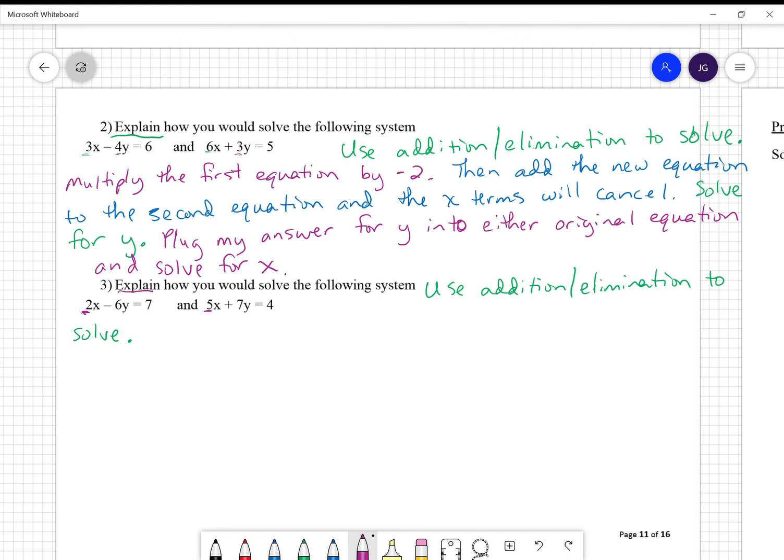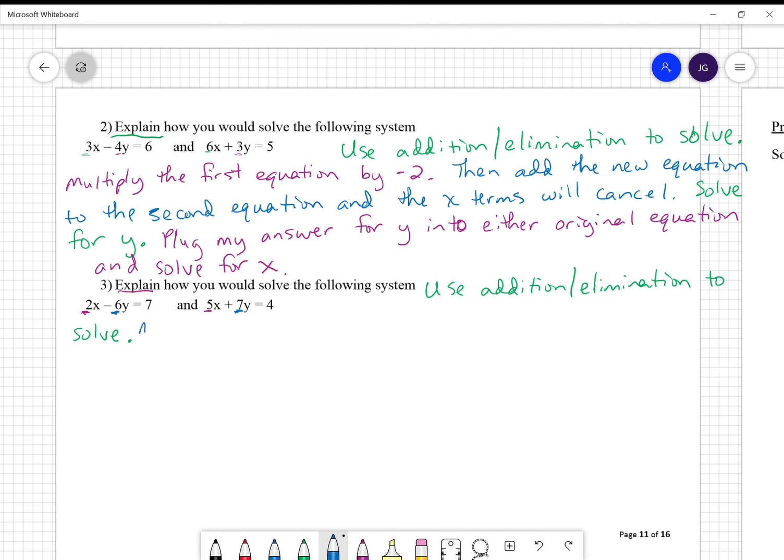I would have to multiply the first one by 5 and the second one by 2. My y's are -6 and 7. The LCM is 42. So I'd have to multiply the first one by 7 and the second one by 6. Since the y's already are opposites, one negative, one positive, I'm actually going to choose that, but it wouldn't matter. As long as you explain it correctly, it doesn't matter which one you get rid of.